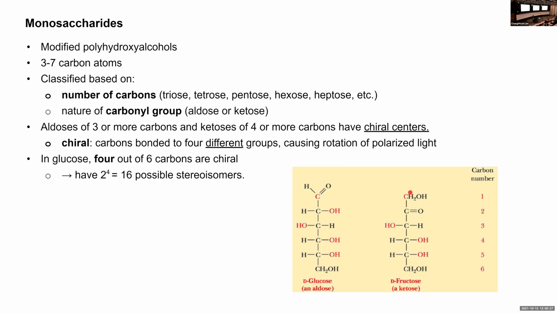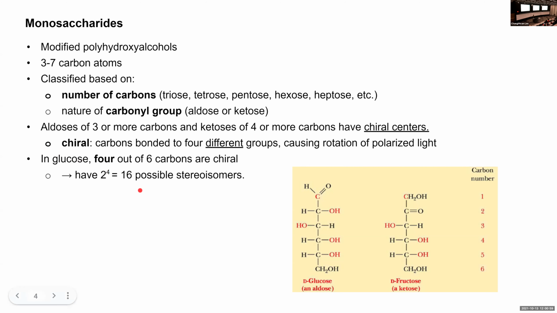And where are the chiral centers in this hexose ketose? Number 1? No. Number 2? No. Number 3? Yes. Number 4? Yes. Number 5? Yes. Number 6? No. So that's why aldoses with 3 or more, and ketoses with 4 or more carbons, are going to have chiral centers.